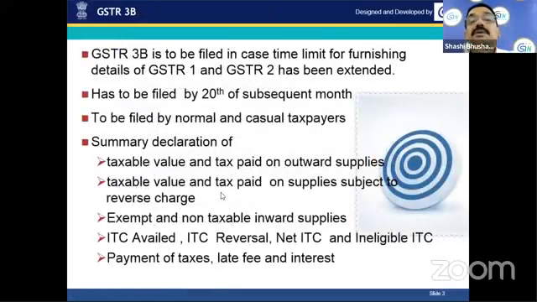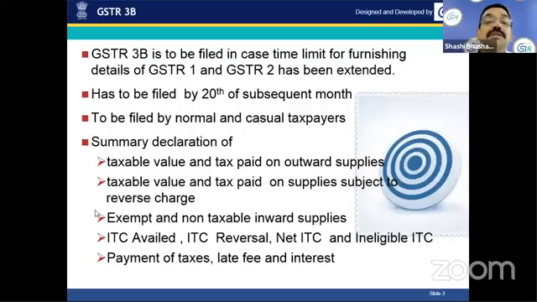Now, GSTR 3B, you all know, is a simple return form which has been prescribed because you have a time limit, and the due dates of the filing of GSTR 1 and GSTR 2 have been extended. It has to be filed by the 20th by all normal and casual taxpayers, and it is a summary declaration in which you have to give taxable value, tax paid of outward supplies, taxable value, tax paid of supplies subject to reverse charge, then exempt and non-taxable inward supplies, ITC availed, ITC reversal, net ITC, ineligible ITC, payment of taxes, late fee, and interest.